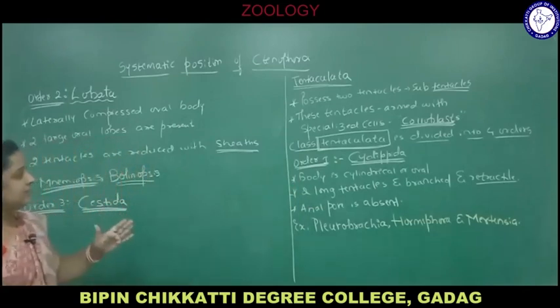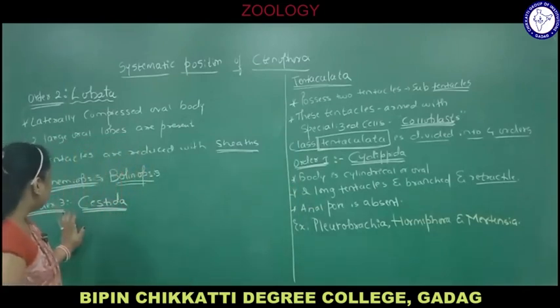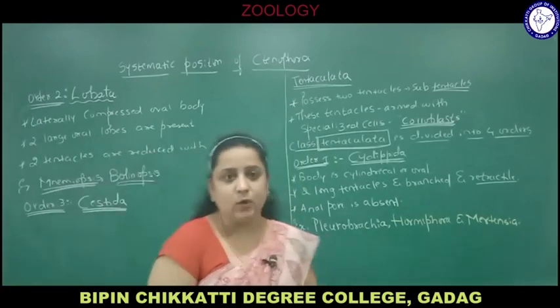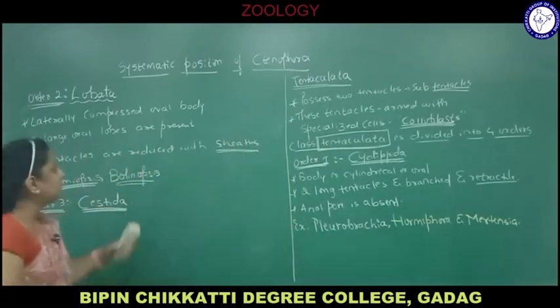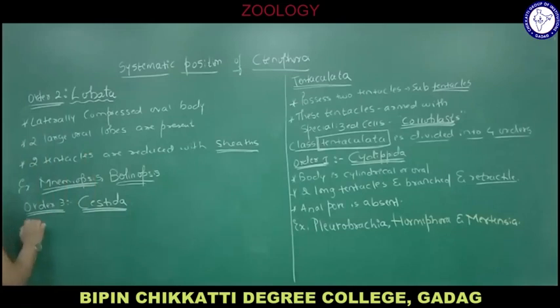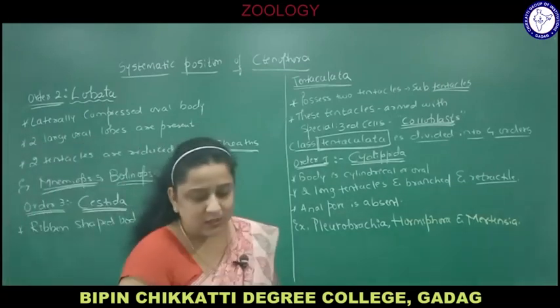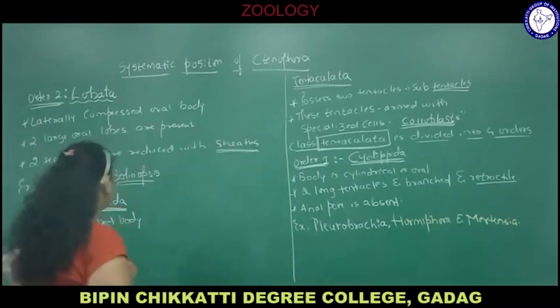Order number 1 Pseudipida, order number 2 Lobata, order number 3 Cestida. Cestida, ribbon like body. The body of the animal is ribbon shaped. Long thread like structures are there.